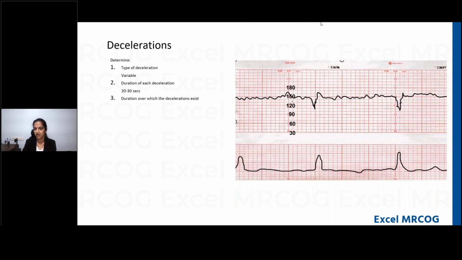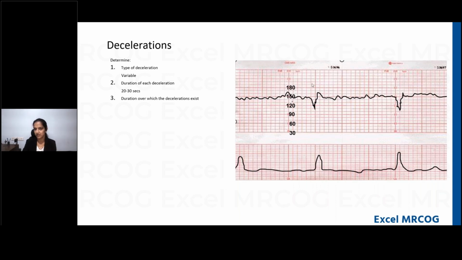Okay. So if this is 1 minute, then this deceleration is over 1/3 the minute, isn't it? This dark line to this dark line is 1 minute.